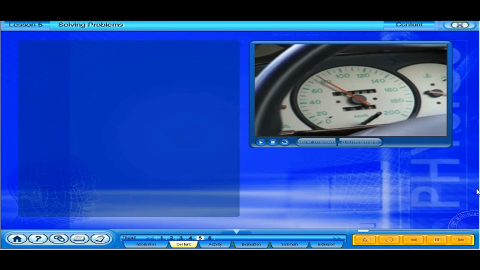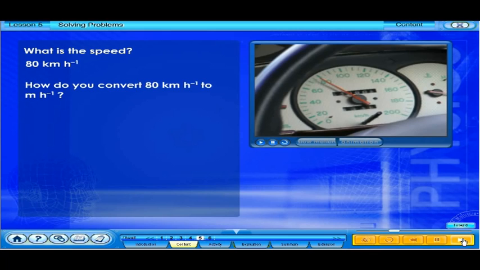Observe the indicator on the speedometer. What is the speed? 80 kilometers per hour. How do you convert 80 kilometers per hour to meters per hour? 80 kilometers per hour is equal to 80,000 meters per hour.